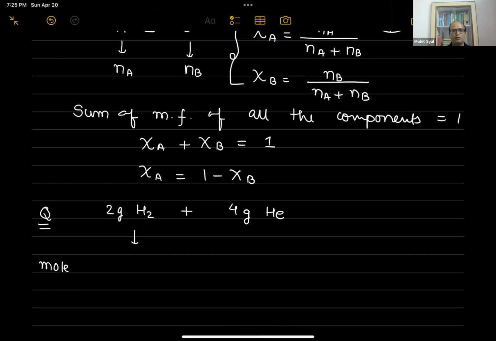First get the moles. So for hydrogen, the molar mass is how much? It is 2. Got it? So moles are given mass divided by molar mass. So you have taken 1 mole of H2.